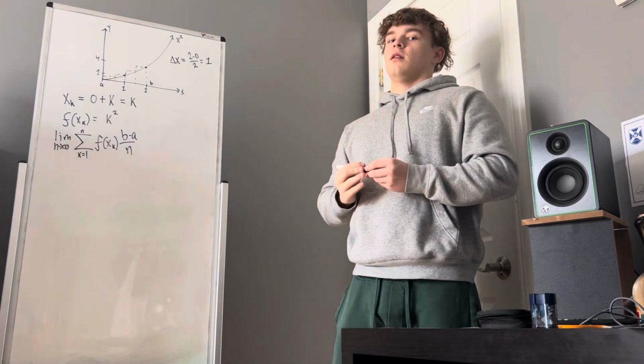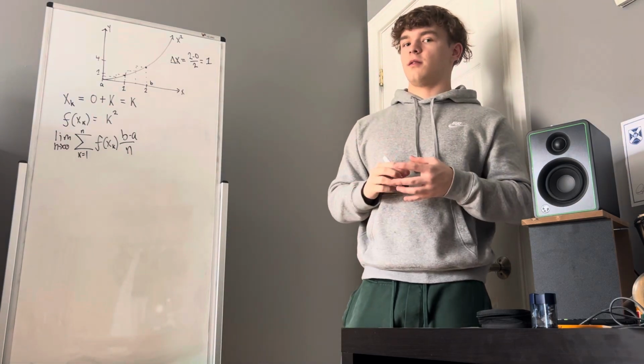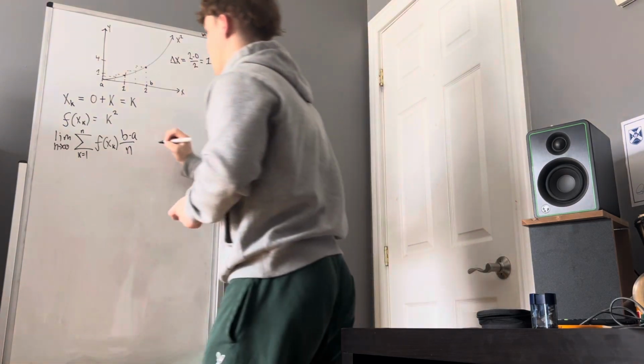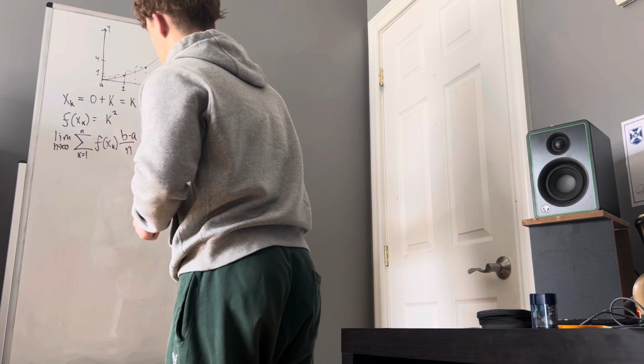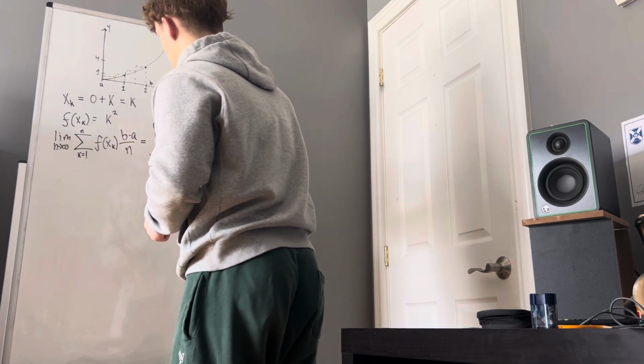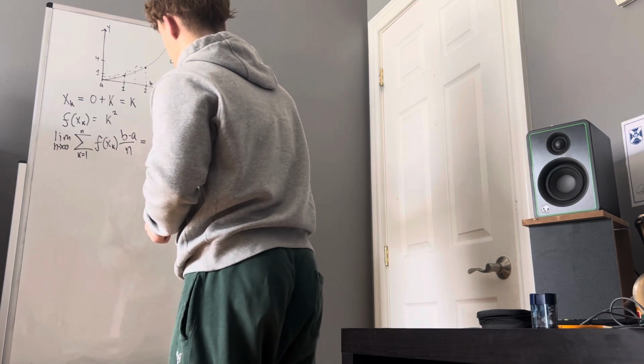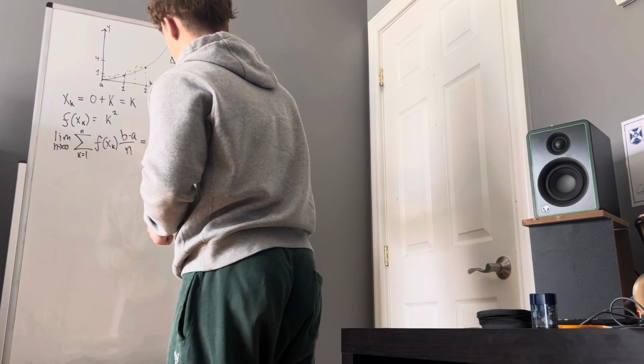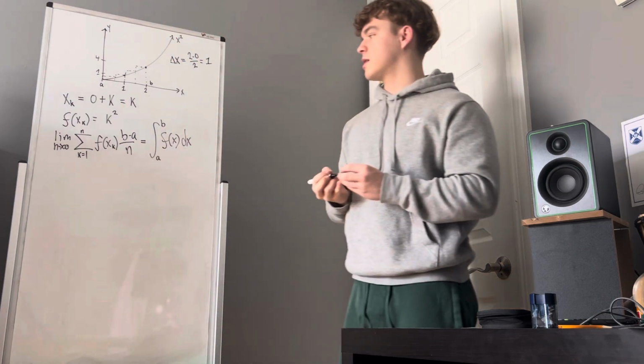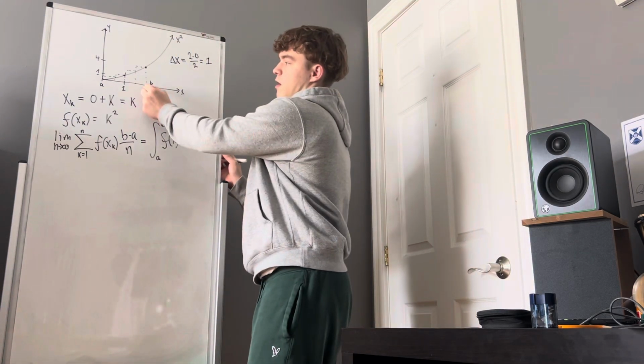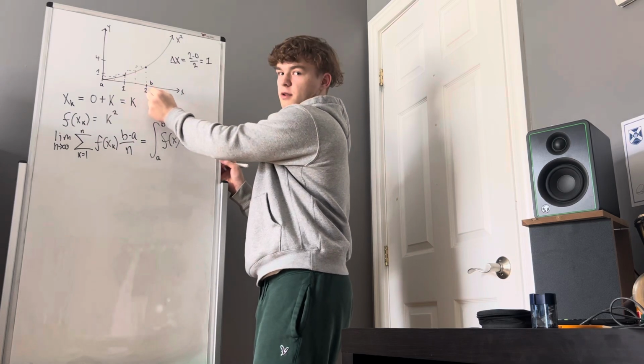And that all of a sudden becomes very complicated. So this is actually how we represent it. The integral, we call it, from a to b of f of x with respect to x. With respect to x means that we're taking very, very small x terms.